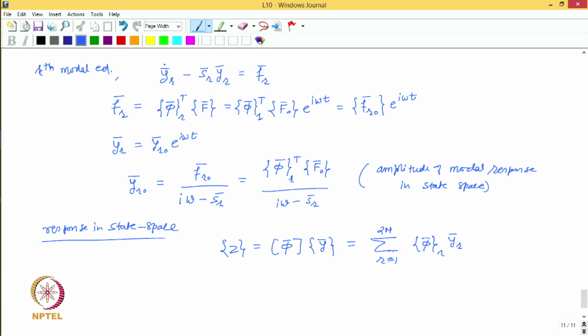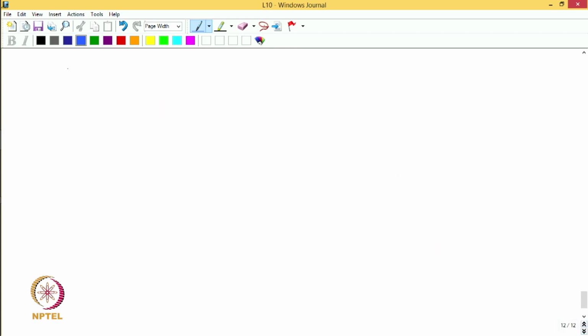Let us substitute this into the expression. Let us go to the next page, and we can write z is equal to the summation over r from 1 to 2n of phi bar r, and in place of y r bar we write phi bar r transpose f bar o divided by I omega minus S r bar, correct. That is what we get.